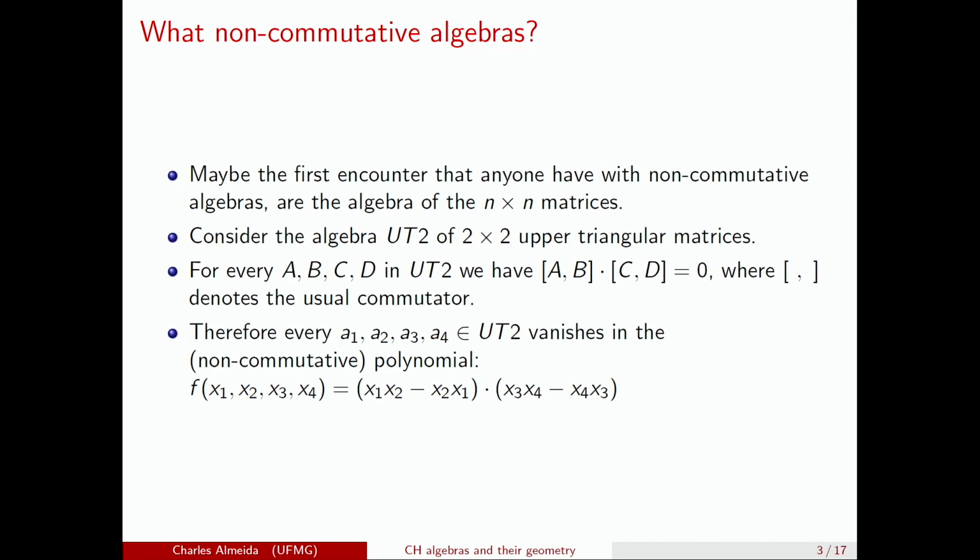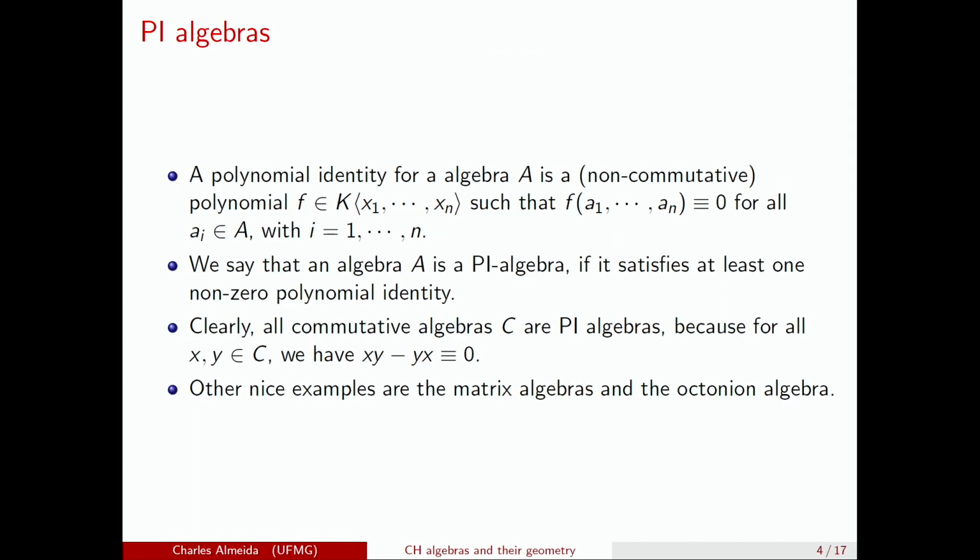So these algebras receive a nice name, which is called a PI algebra, or a polynomial identity algebra. To make things more precise, if I start with a non-commutative polynomial, I will say that this non-commutative polynomial is a polynomial identity for an algebra if this polynomial is annihilated by all the elements of my algebra, similar to what happens with the upper triangular matrices.